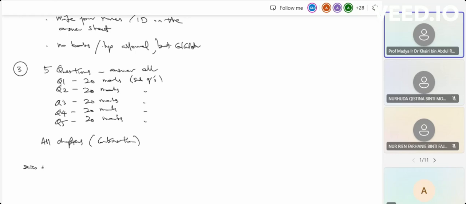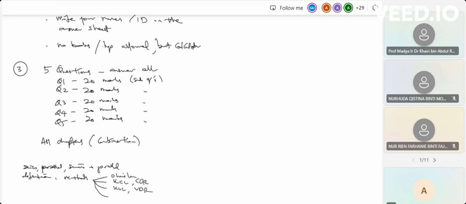Series, parallel, series plus parallel, some definitions, methods. In methods, you have many things, right? Ohm's law, KCL, CDR, KVL, VDR, what else? You have to calculate voltage, maybe current, power.